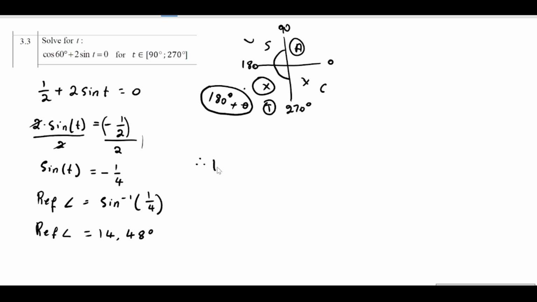So therefore, t is going to be equal to 180 degrees plus the reference angle 14.48, which means that angle t is going to be 194.48 degrees. That is your angle right there. And that brings us to the end of question number 3. Let's see what we can do with question number 4.